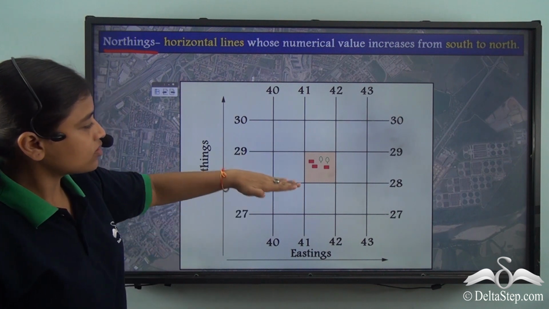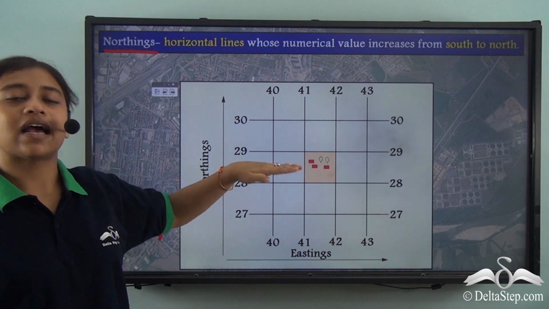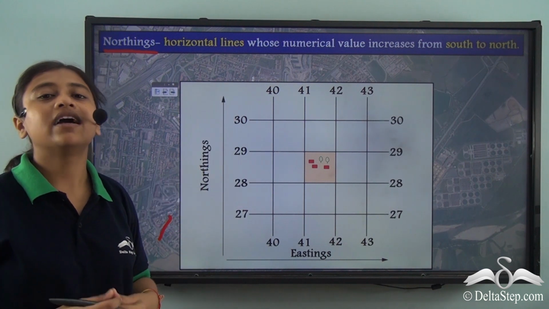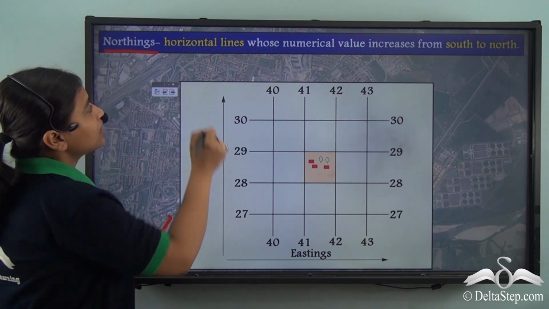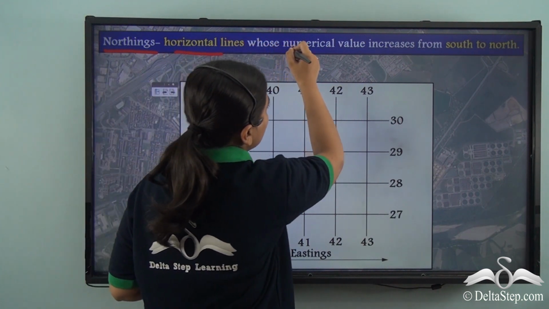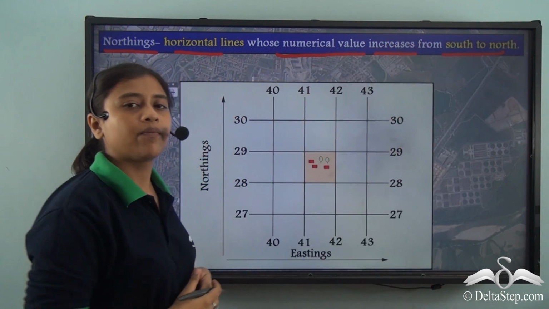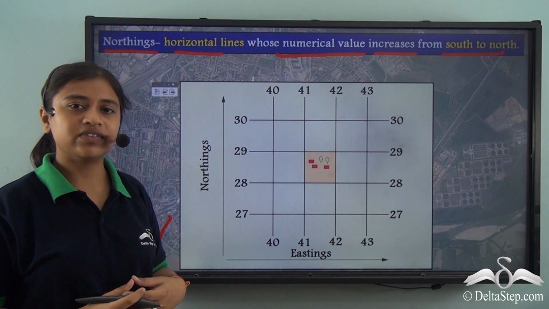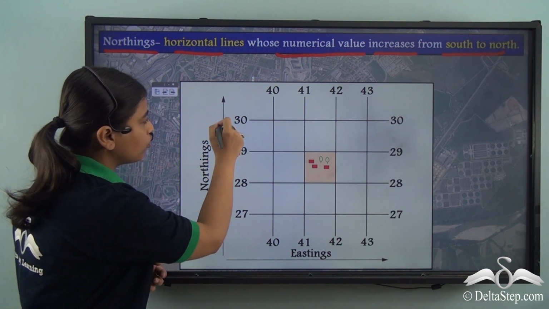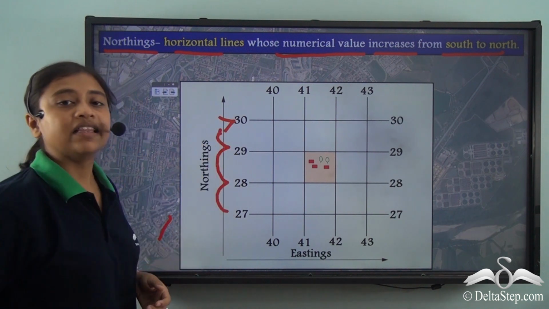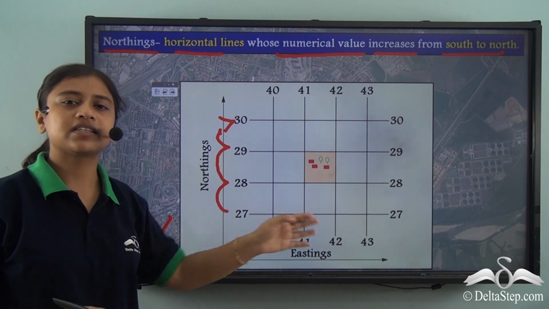Their value increases as they move towards the north. So northings are horizontal lines whose numerical value increases from south to north. On this given plot, we see that as the horizontal lines move up, their value increases. A similar thing happens with the vertical lines.